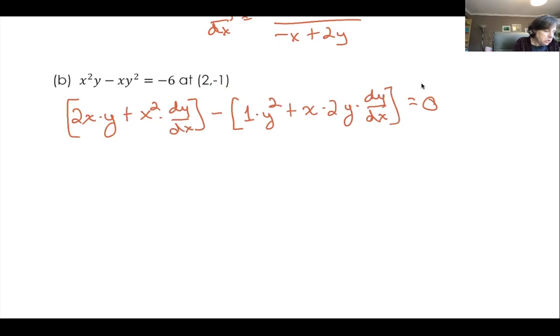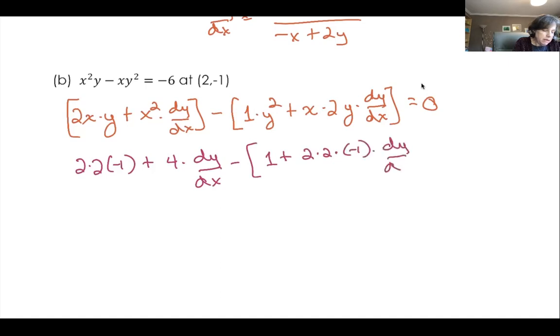So x is 2, so I'll have 2 times 2, y is -1, 2 squared is 4 times dy/dx minus y is -1, y squared, so this would just be 1, x is 2, y is -1, and dy/dx is what I'm looking for.